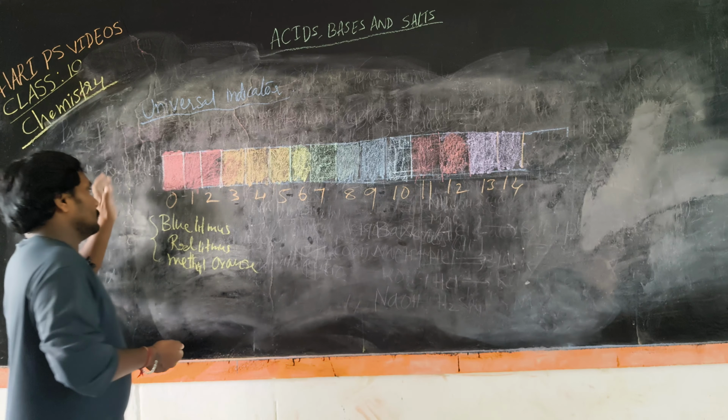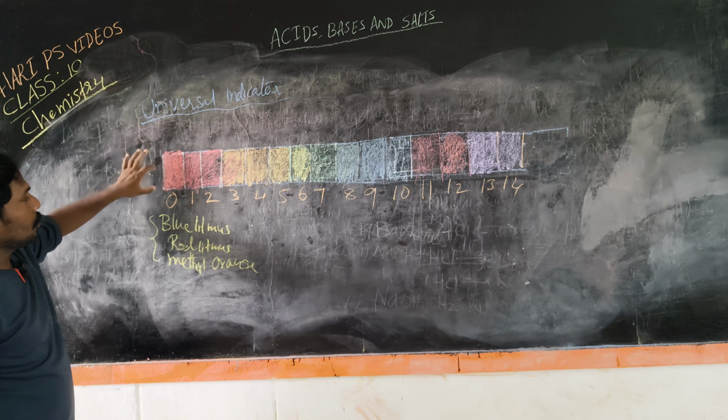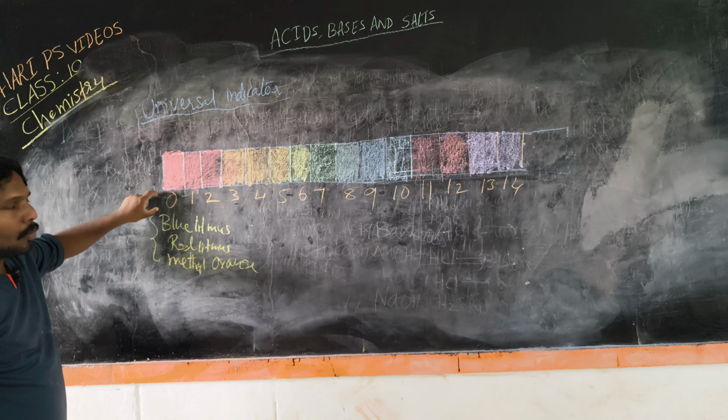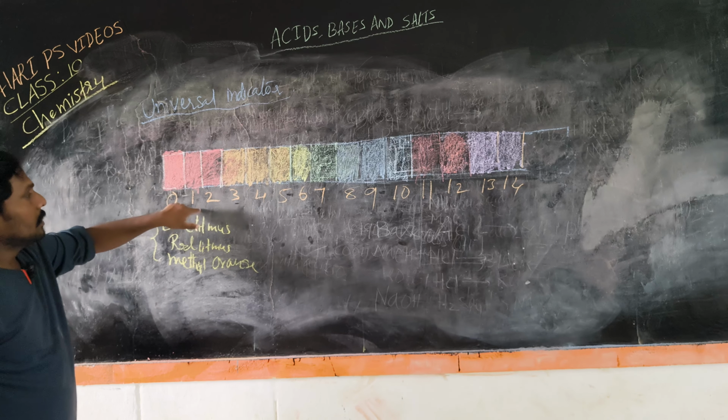If it is dark red, its pH is 0. If it is red, its pH is 1 and 2.